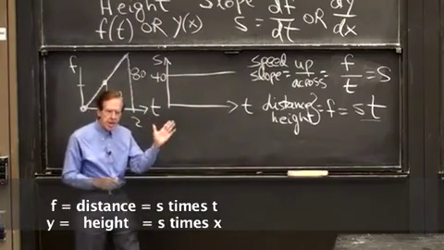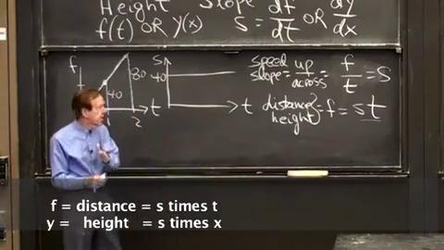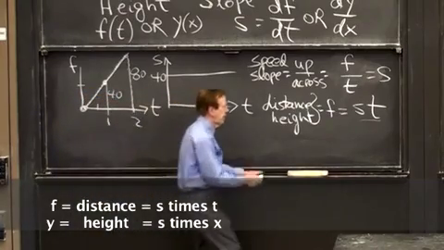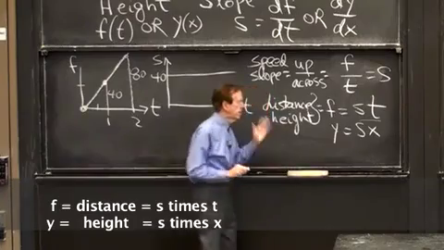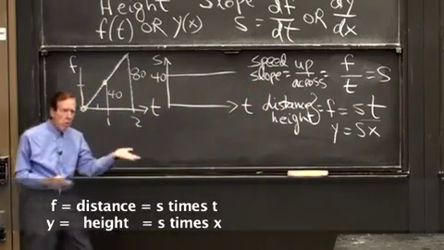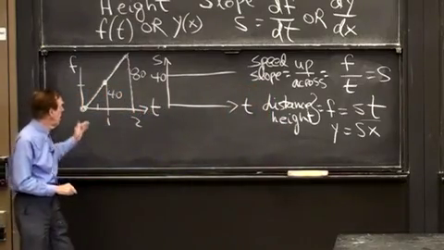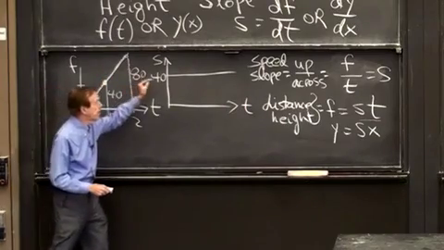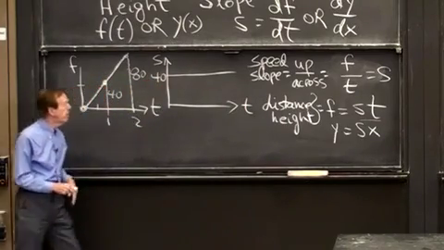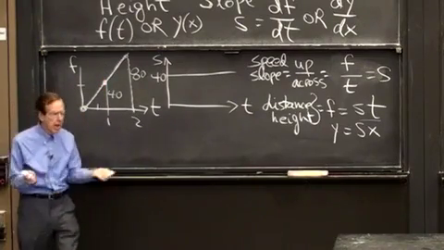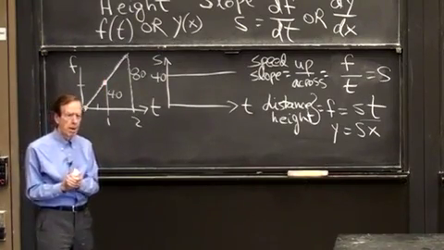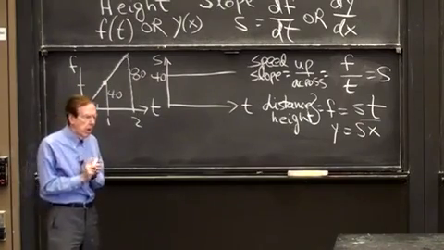S times t, s times x, y equals sx. The same idea with my y and x letters. It's that line. In other words, if that one is constant, this one is a straight line. Okay, straightforward, but very, very fundamental.